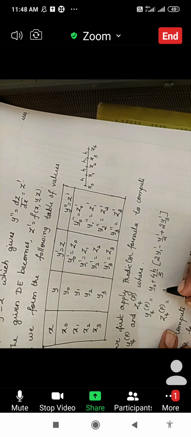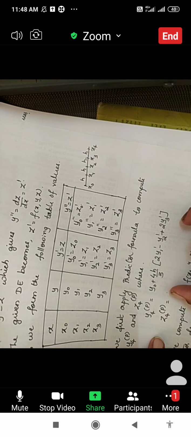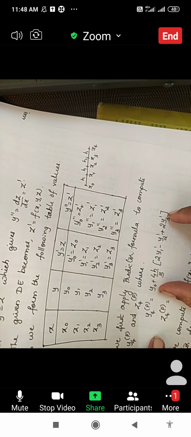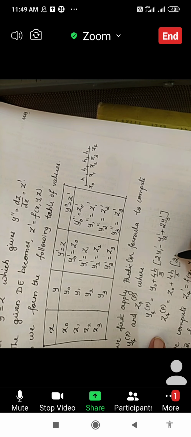No, don't write y naught dash and all; there will be confusion. In some books it is given, I agree, but write exactly the same thing, and convert all the y's to z. Same formula: z naught plus 4h by 3, 2 into z1 dash minus z2 dash plus 2 z3 dash.